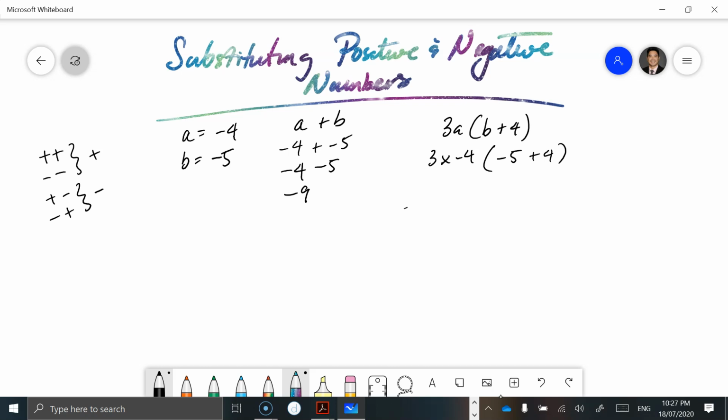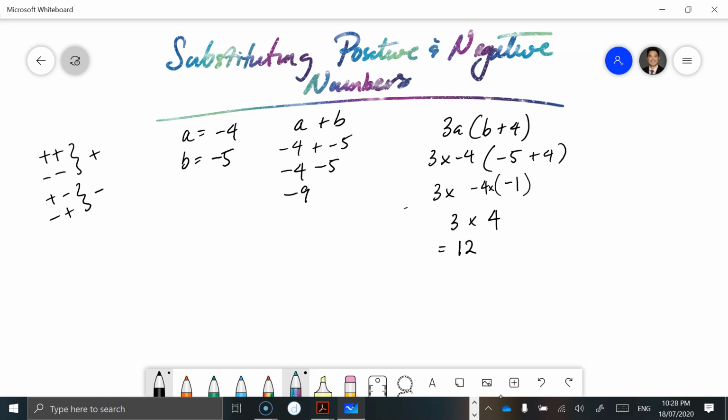Make sure that we deal with everything in the brackets first. -5 plus 4 leaves us with -1. And then that is multiplied to -4, and that is also then multiplied to 3. So -4 times -1: negative times a negative is a positive. And then 3 times 4 is equal to 12.